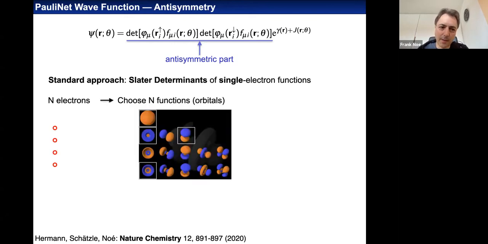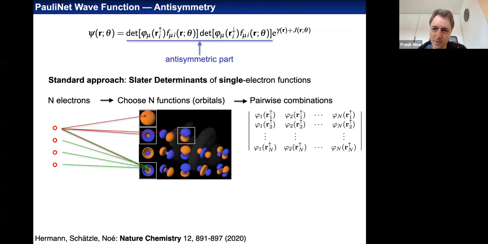Now, in classical wave function methods, the idea is to take functions from a basis set, and then assign electrons to these functions and write the pairwise evaluation into the Slater matrix and compute its determinant.